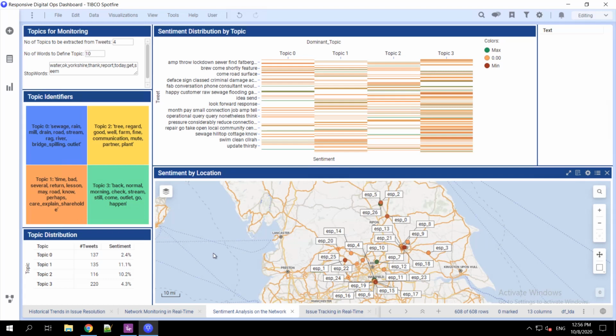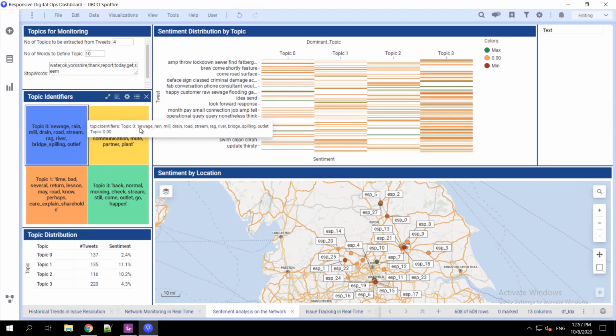What we have done is we have picked up data from the support handle of this particular water network company, and from the data extracted we were able to populate the topic identifying words. We are modeling for 4 topics here. Topic 0 mainly revolves around sewage water, drain overflowing, bridge getting spilled, etc.